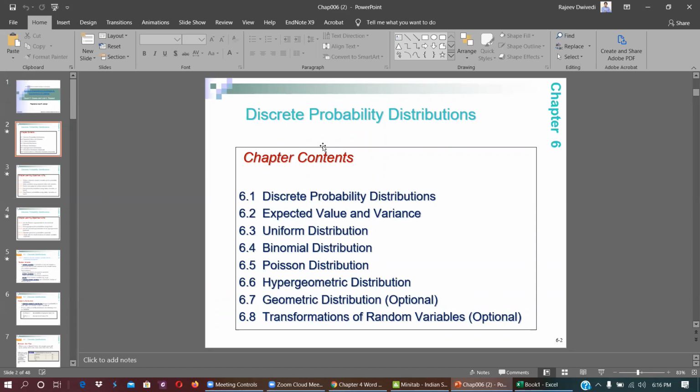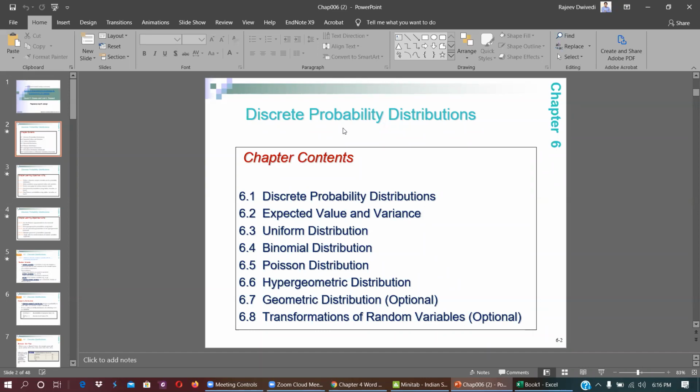Okay. So chapter 6 is discrete probability distribution. Chapter 7 is continuous probability distribution. As you know, what is discrete? As you know, what is continuous? Discrete means 0, 1, 2, 3, 4, 5, 6, means whole numbers or integers.